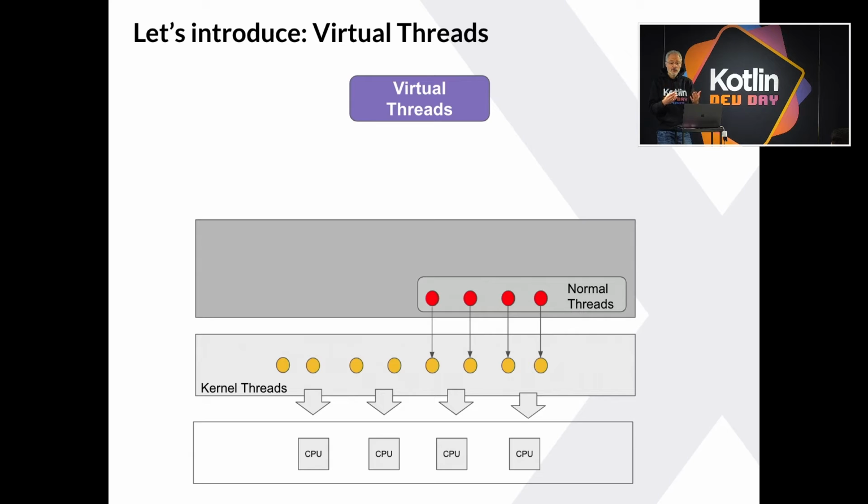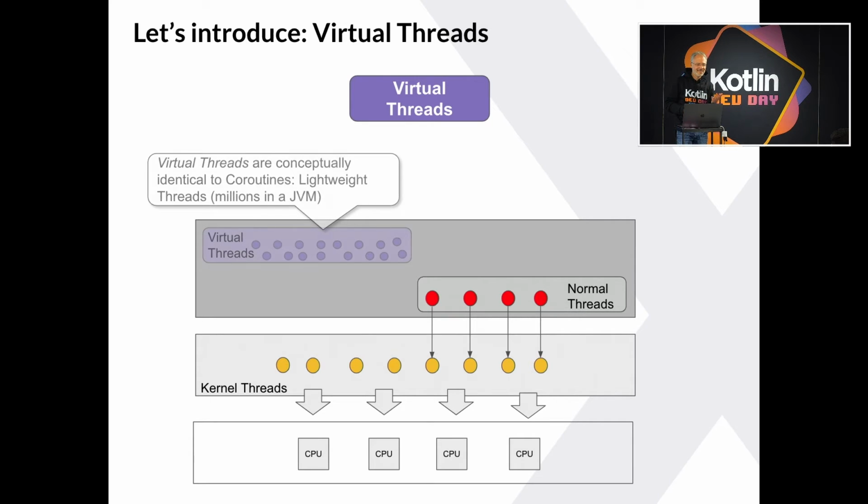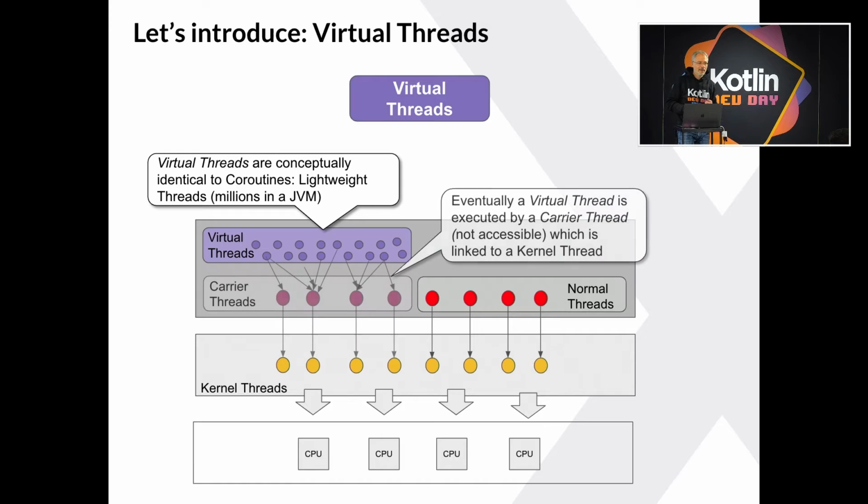In Loom, they introduce a new concept called virtual threads. First they called them green threads, fibers, all these terms have come along. Now it's virtual threads. Maybe tomorrow it's something else, but I think they will stick to virtual threads. What is a virtual thread? It's exactly the same as coroutines, conceptually. You have these lightweight threads, you can spin up as many as you want, so millions at least per gigabyte. And in the end, a kernel thread needs to execute them, right?